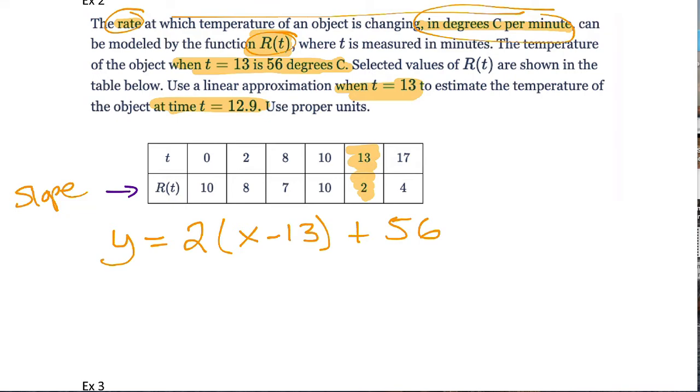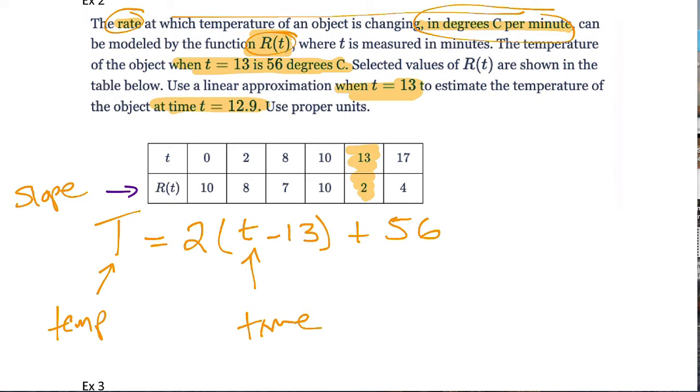Now, if we wanted to figure out what this is, really that x is not x necessarily. That x is really t. That y is not y really. That y is really the temperature. So we use this R of T because that's the rate of change.